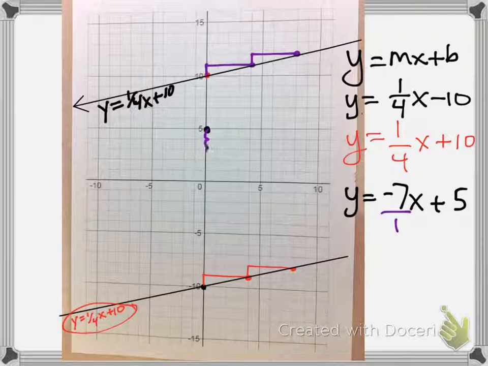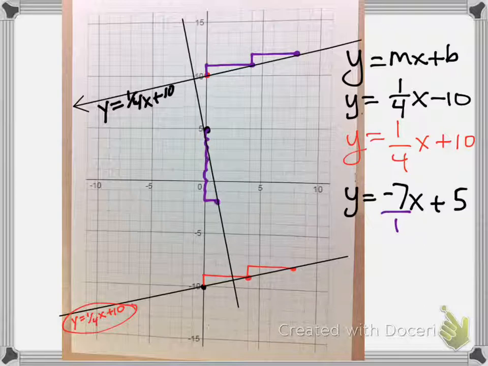So down 1, 2, 3, 4, 5, 6, 7 over 1. And take my ruler and draw a line through there. And that was a fail. I'll try again. And there we go. And I'll extend it all the way out with my ruler. Only I don't have a ruler.